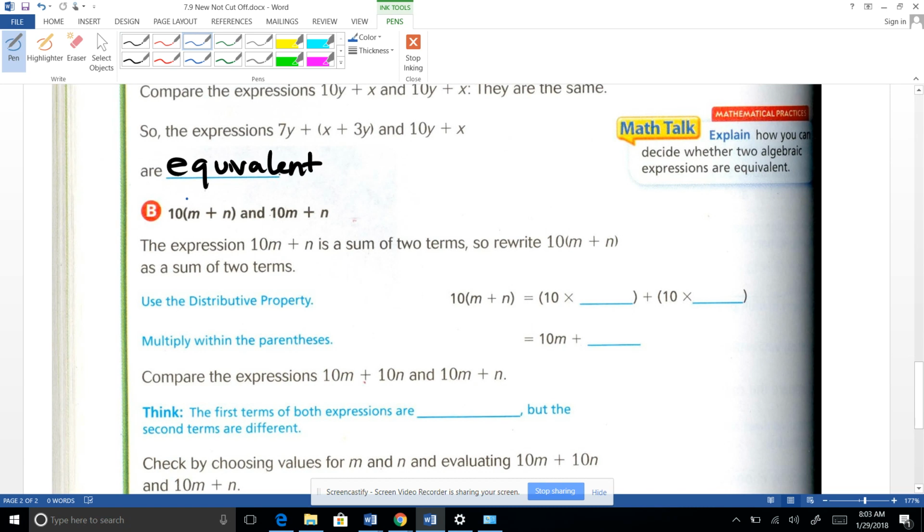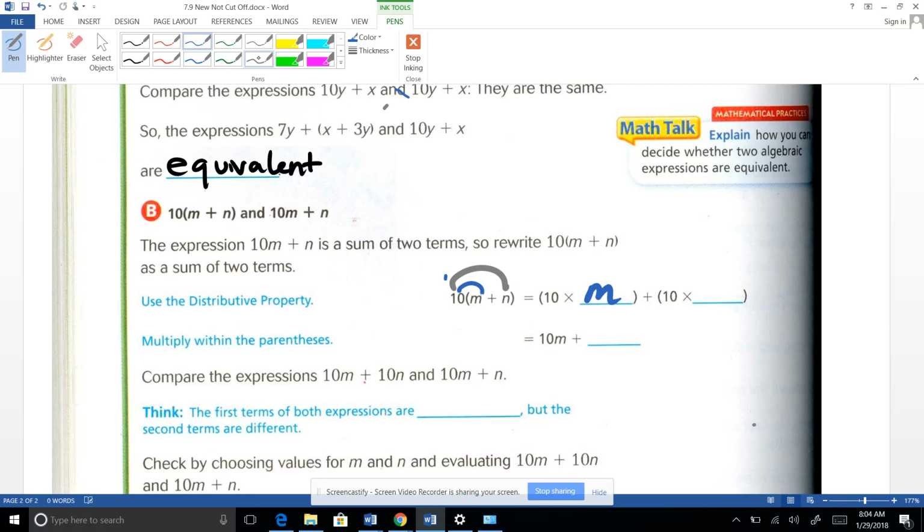And in this case, because the distributive property says you get a 10m, and guess what? N, you also get a 10. It's just going to be written as 10m. Let me make this blue like I had. Plus 10n.